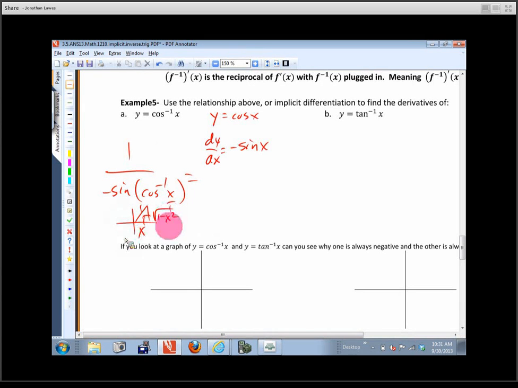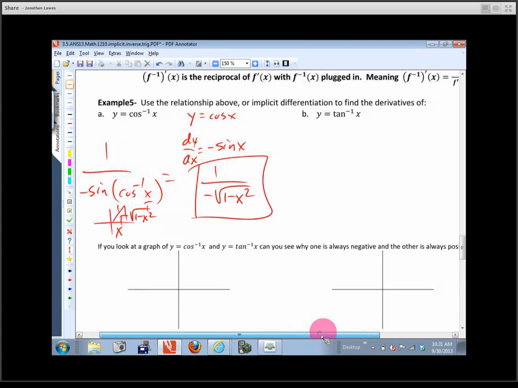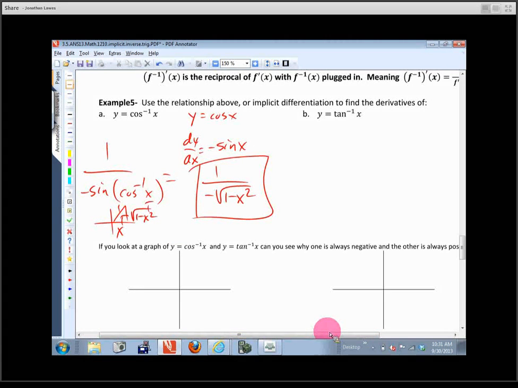And if I want the sine of that little triangle right there, I do the opposite over the hypotenuse. And in this particular case, that's a 1. So I get negative 1 over radical 1 minus x squared. Does that look familiar? Yep. Okay. Any questions?